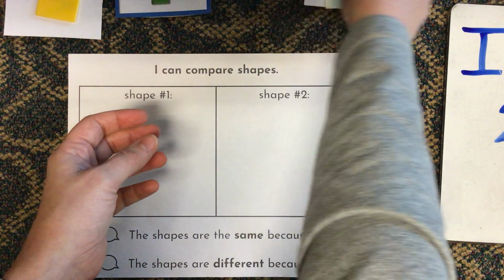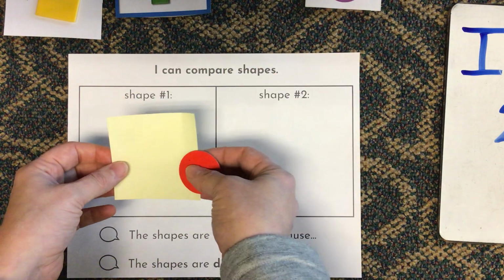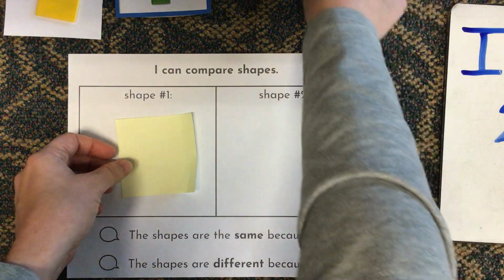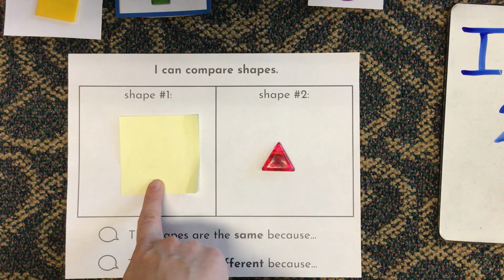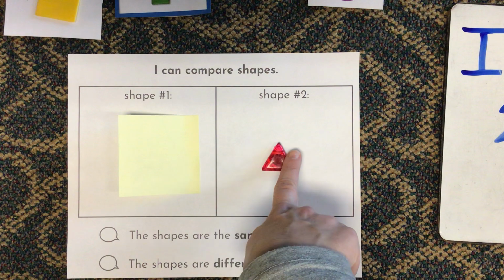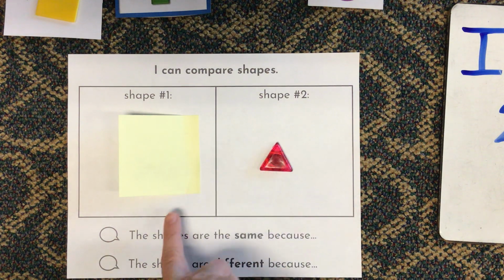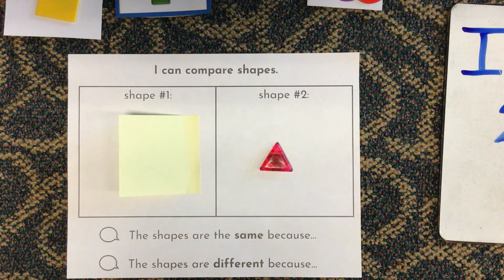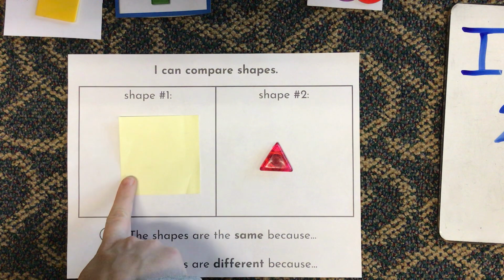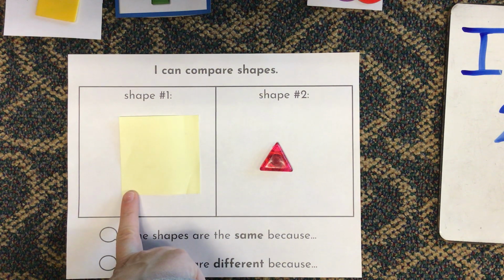Okay, now let's look at this. We have a square and a triangle. How are these shapes the same? Think really hard about this. They're not the same shape, are they? So it's not that.